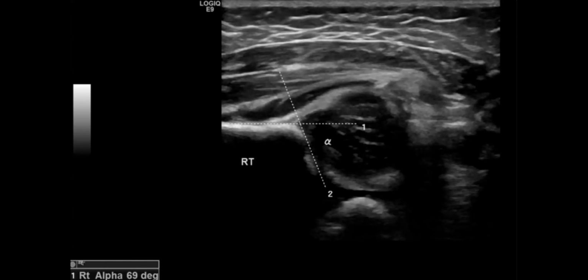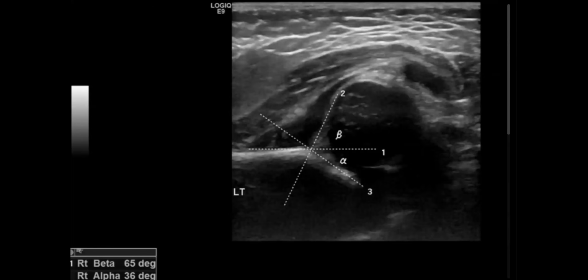It is showing an alpha angle of more than 60, which is the normal limit. So this is normal.